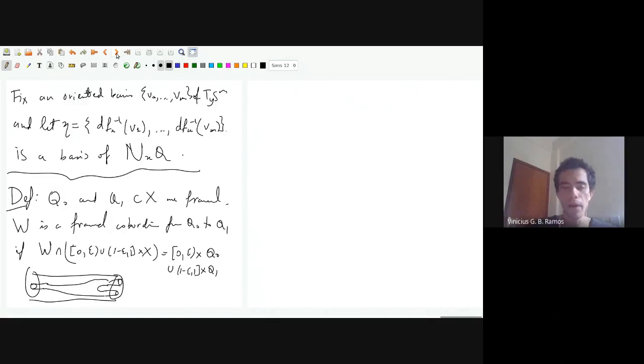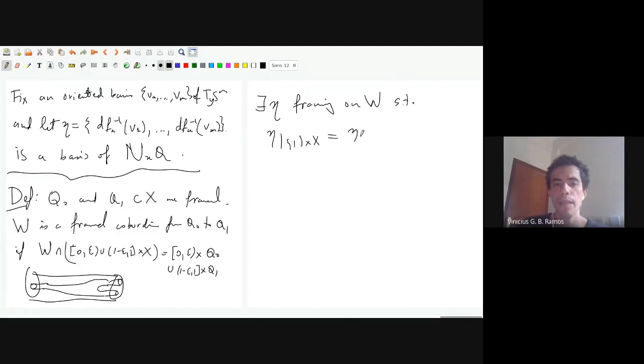Okay, but what does it mean for the cobordism to be framed? It just means that there exists a framing on W, the same definition as before, such that eta restricted to {1} times X is equal to eta_1.